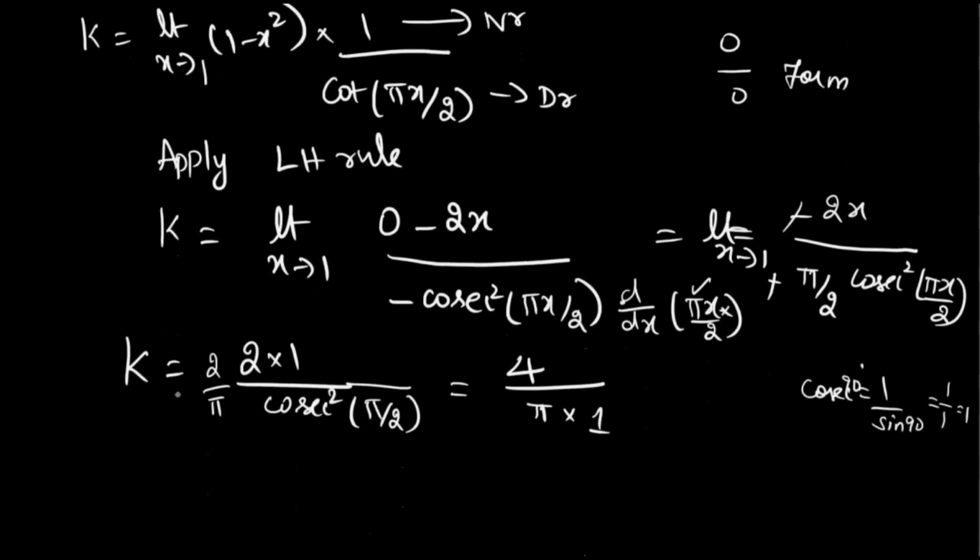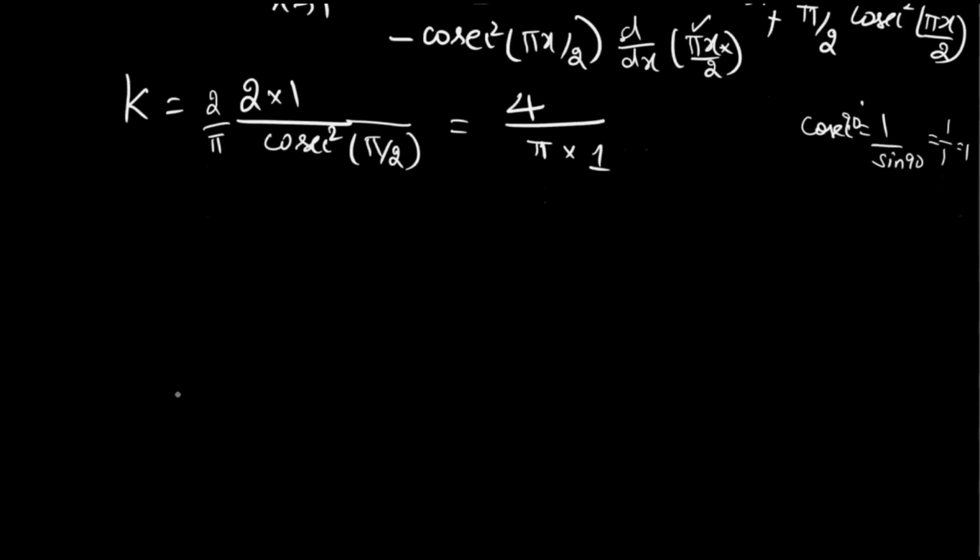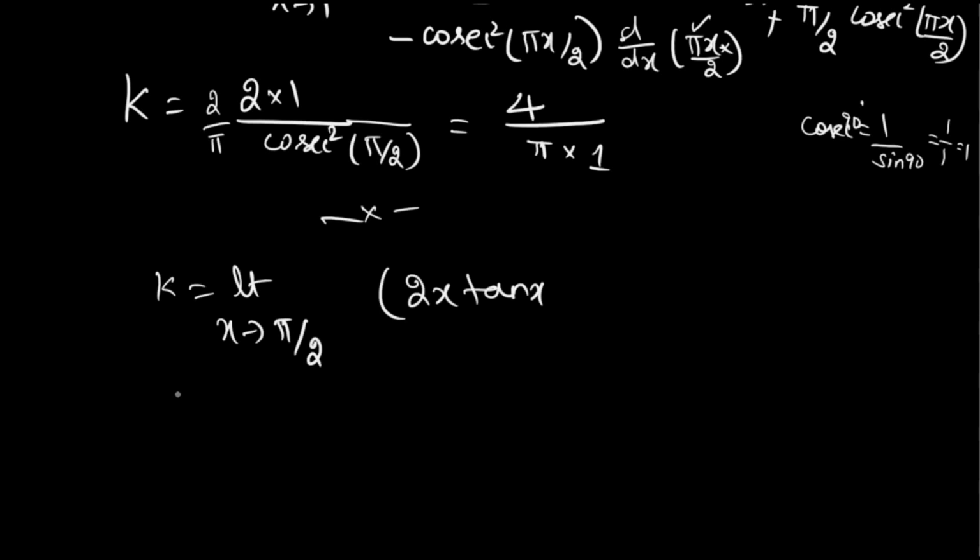So if we don't have a numerator and denominator, we have to split the problem in such a way that we have one numerator and one denominator, and hence we have to further proceed. Some problems you have to take LCM and simplify. For example, k is equal to limit x tends to pi by 2 of 2x tan x minus pi secant x.